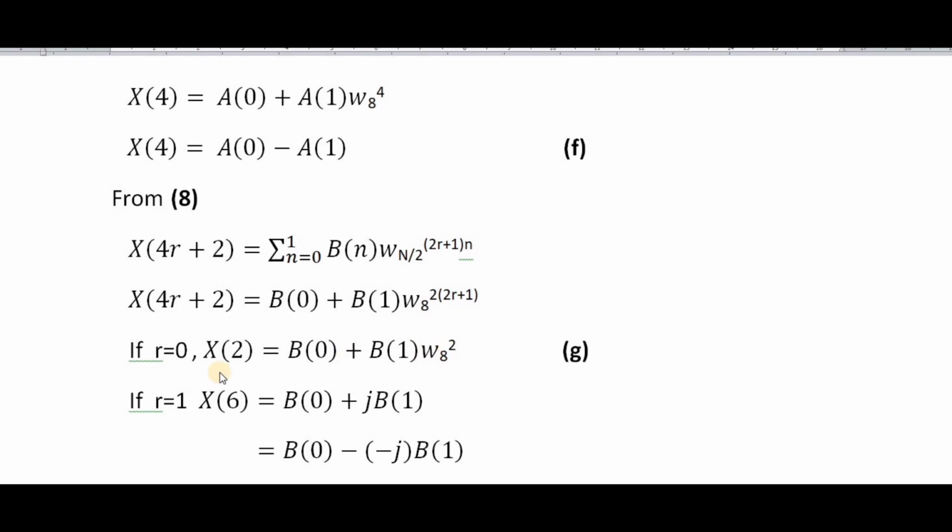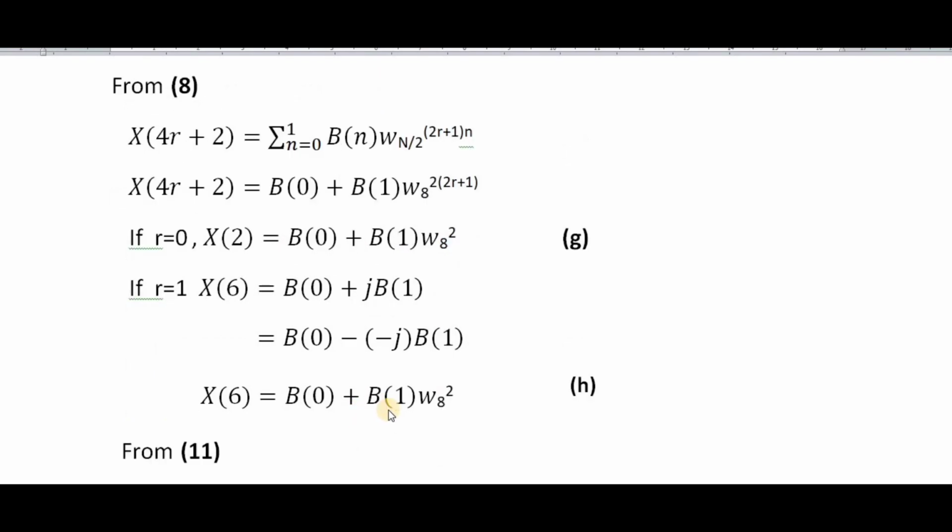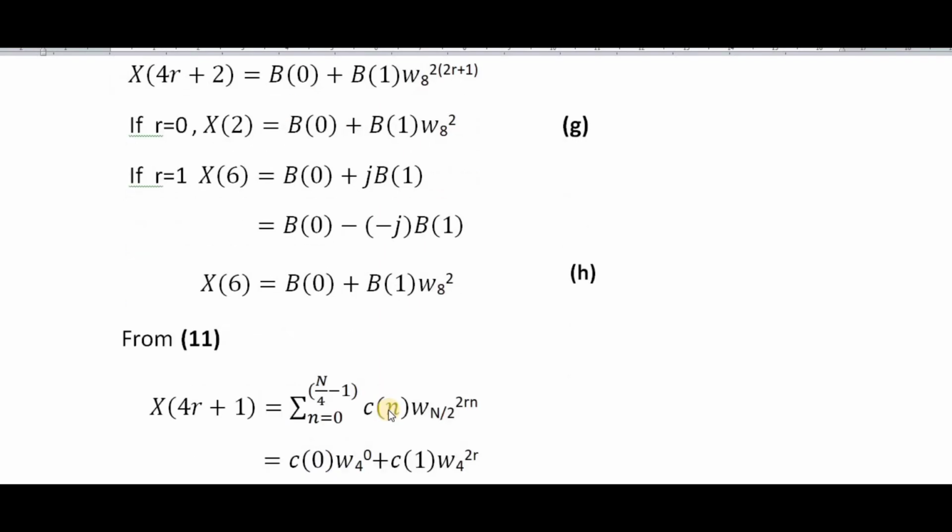And if I substitute r is equal to 1, x of 6 is equal to b of 0 plus b of 1 into W8 of 6. W8 of 6 is j. So instead of writing W8 of 6, I can write it as W8 of 2 also.